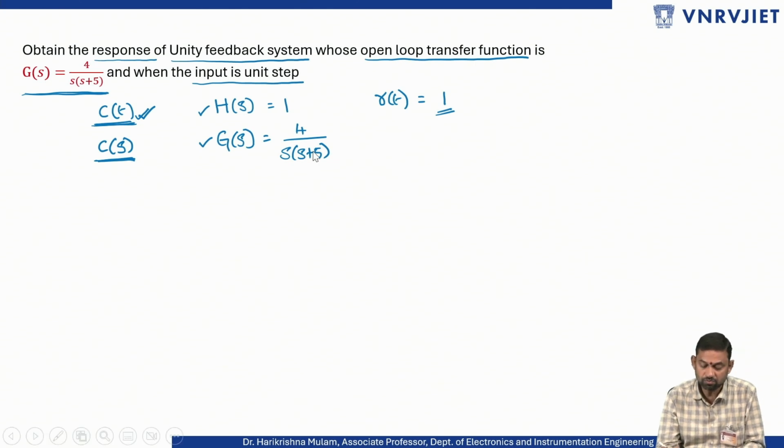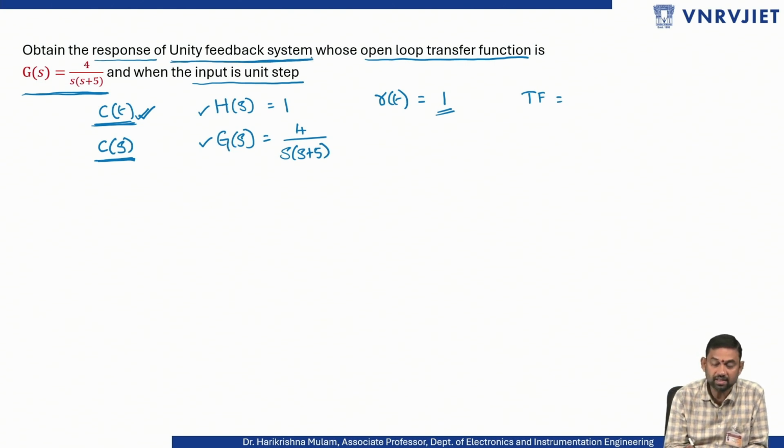In order to find C(s), we know that since it is a feedback system, it is a closed loop system.